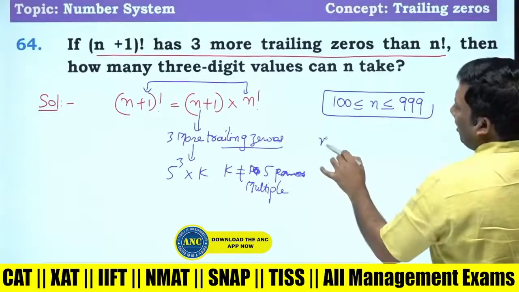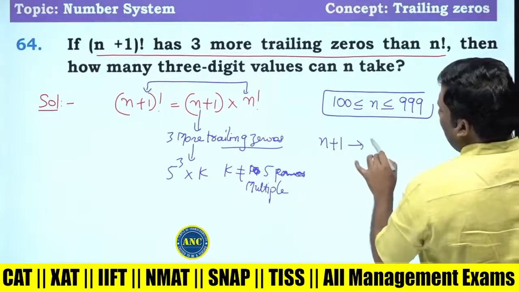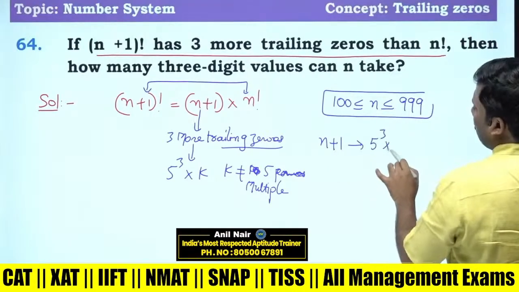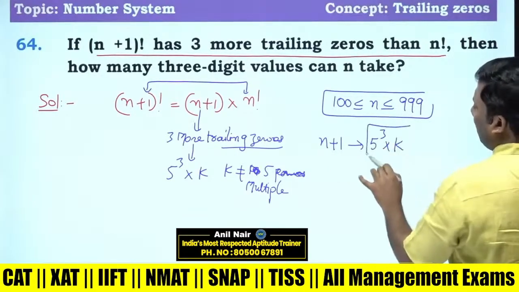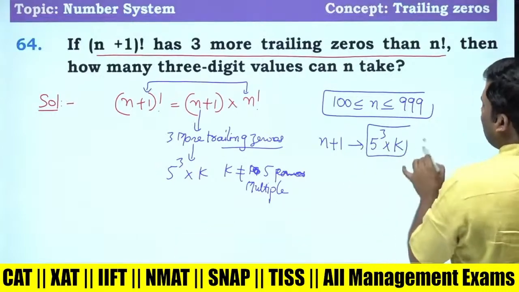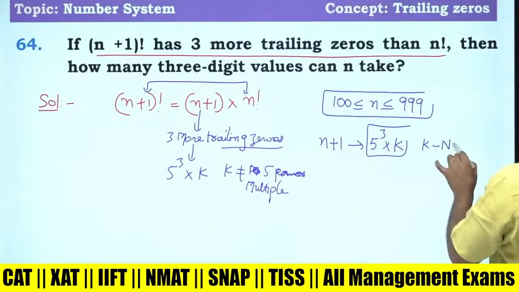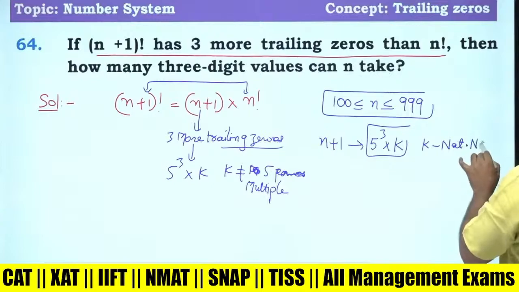So n plus 1 is giving you 3 more trailing zeros, so it has to be of the form 5 cube into k, where k is a natural number. Listen carefully, sir.